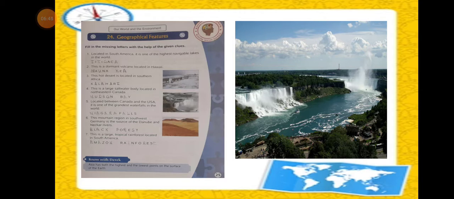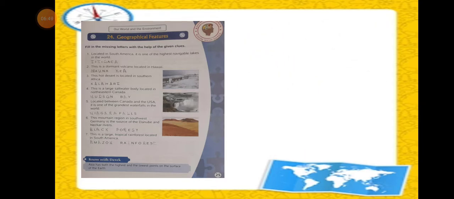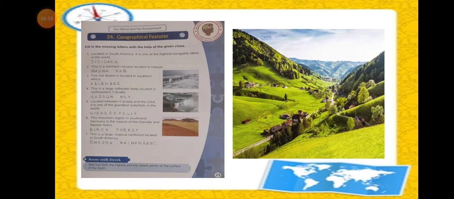Now question number 6, children. This mountain region in southwest Germany is the source of Danube and Neckar rivers. So this mountain region is the Black Forest. You can see the picture here of the Black Forest, and this is actually a mountain region, located in southwest Germany.